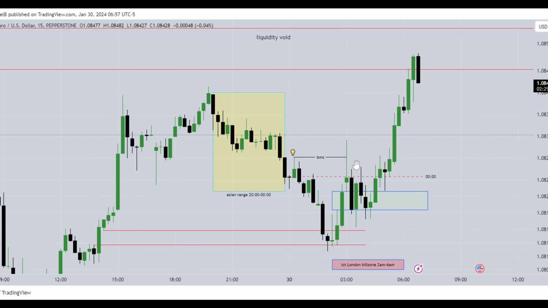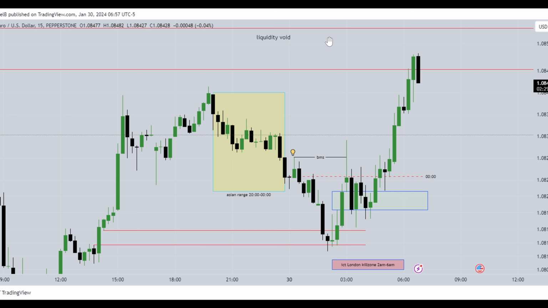So after the shift, you enter around here and aim to take profits at this Asian high, or in today's trading, we had a liquidity void around here.